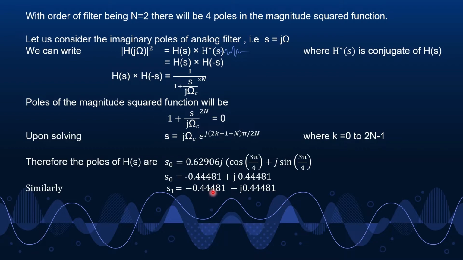Out of these 2n poles, there will be n poles that are stable and are the poles of transfer function H of s. For the given problem, the poles of H of s are s0 is minus 0.44481 plus j into 0.44481, s1 is minus 0.44481 minus j into 0.44481.